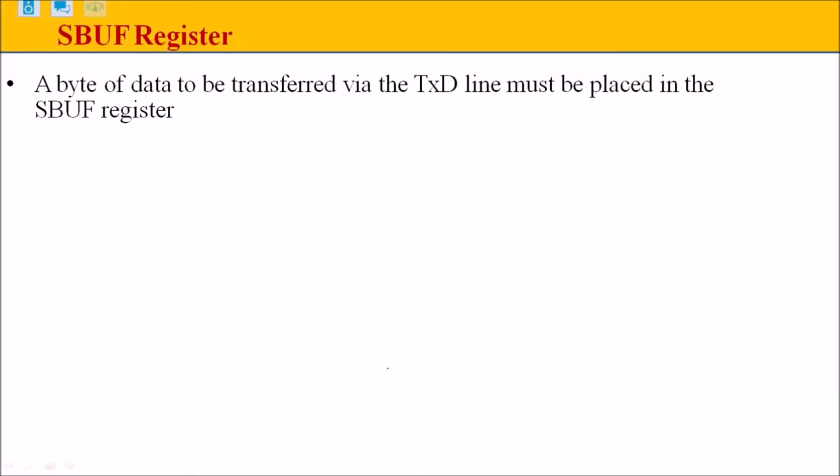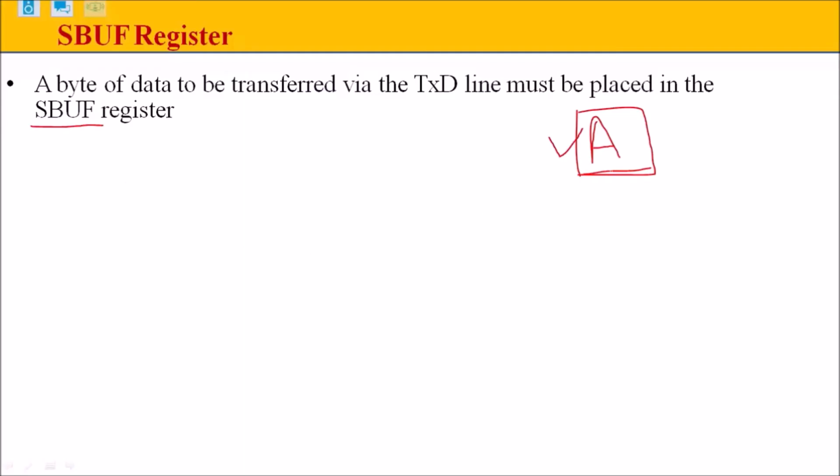Now, whenever we want to transmit data from transmitter to receiver, the ASCII value of the character which we want to transmit should be stored in the SBUF register. For example, suppose you want to transmit character A from one microcontroller to another using serial communication. While transmitting any character, we have to use the ASCII value of this character, and this ASCII value should be stored in this buffer register.